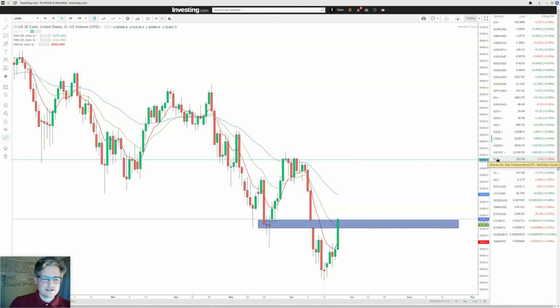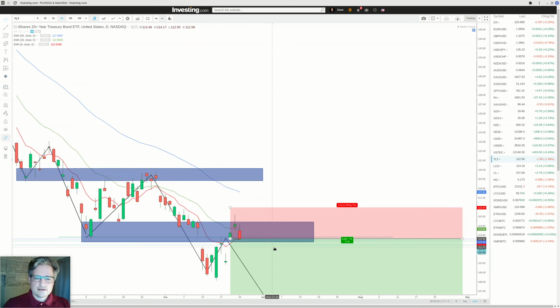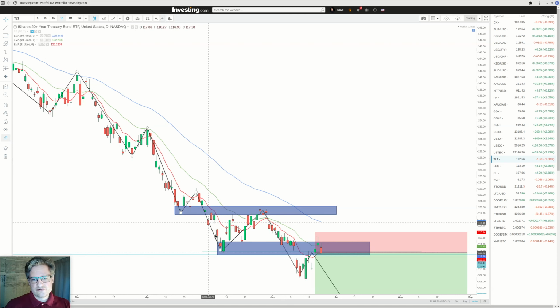An open trade that is still running is the trade I have on the TLT. So that's the 20-year Treasury bond ETF. We saw again the same pattern here. So we have this downtrend, we broke this support level, and then we had a retest.